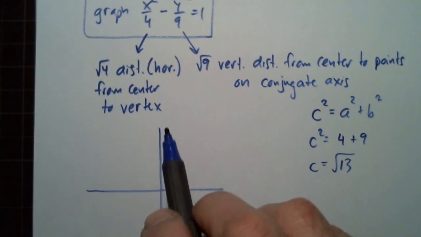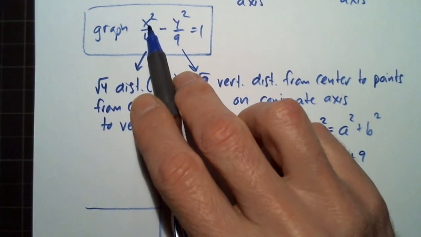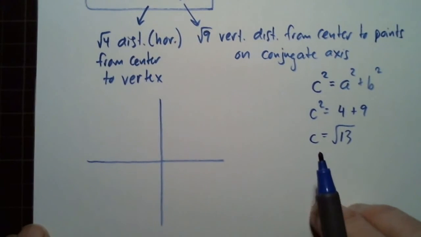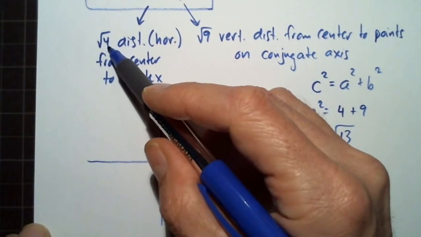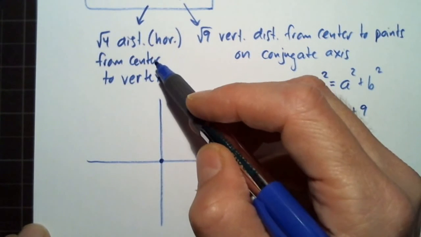All right. Here we have no horizontal translation, no vertical translation, so the center is at the origin. And we're going to go square root of 4, or 2, horizontally from the center.